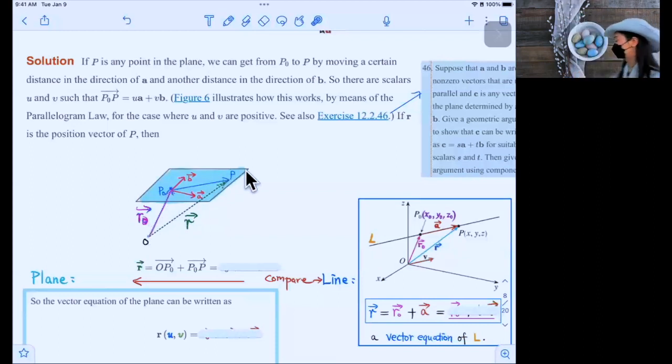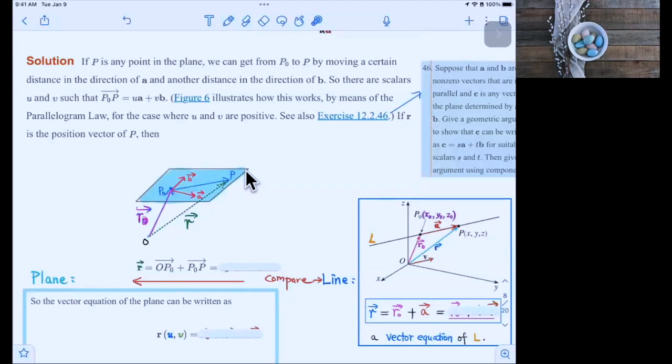Remember in the past we talked about that? If you have A, and then you have the vector B, then this one over here will be A plus B. So if you point from here to here, this is equal to this plus this. What is OP naught here?